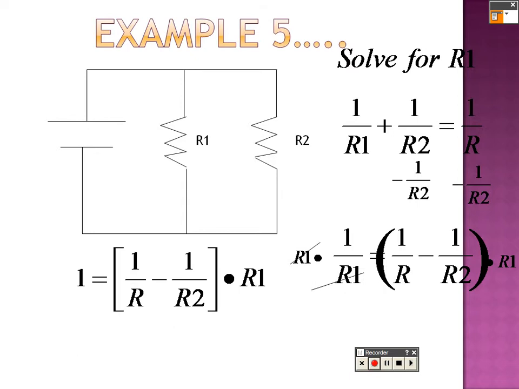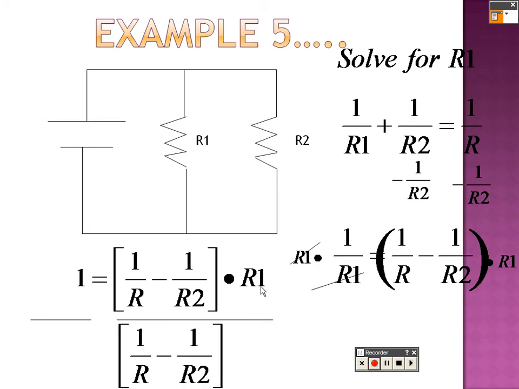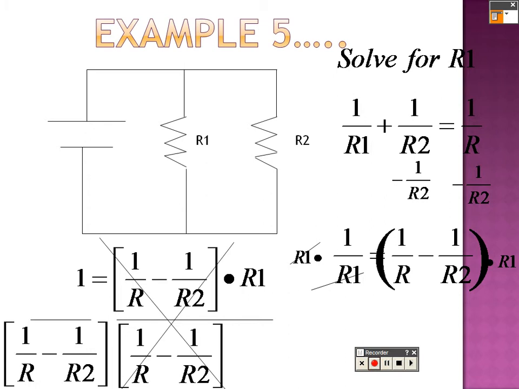Because you're right, it really doesn't. But it's all of this junk times R1. So since it's all this junk times R1, and I want to get R1 by itself, I'm going to divide this side, and I'm going to get rid of all this junk, because this will help me get R1 by itself, and R1 is going to end up being in the numerator now, which is where I want my final answer to be. So those cross out.